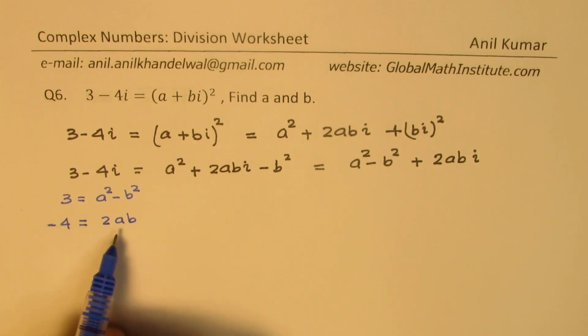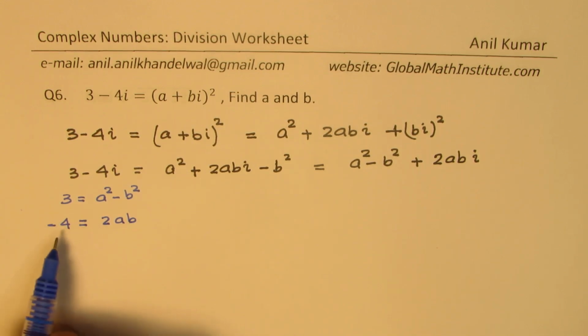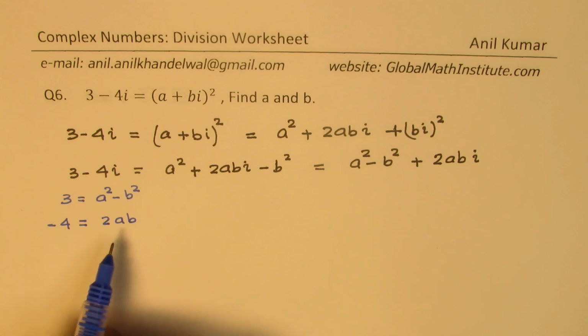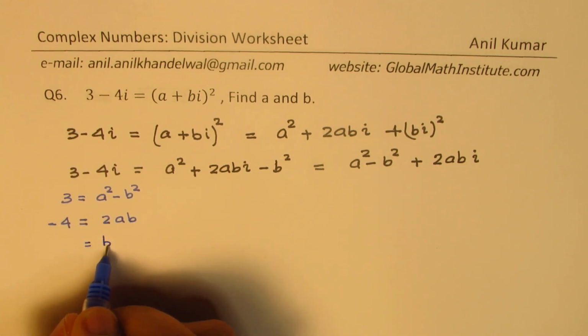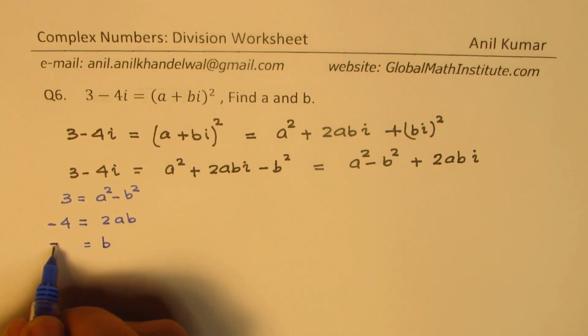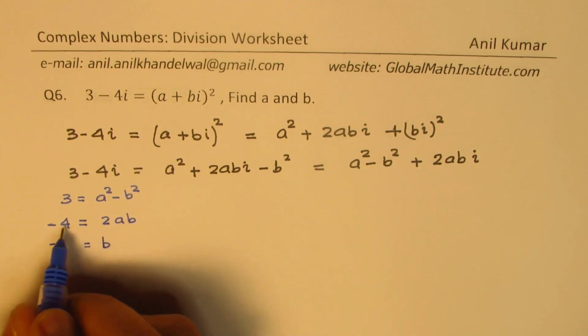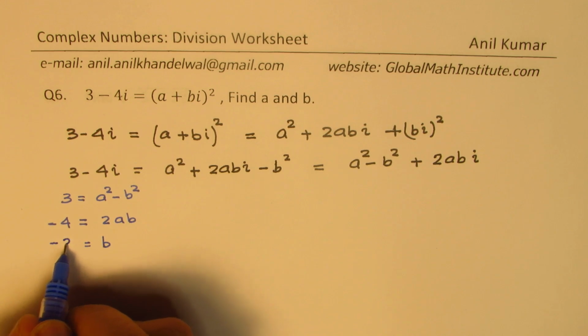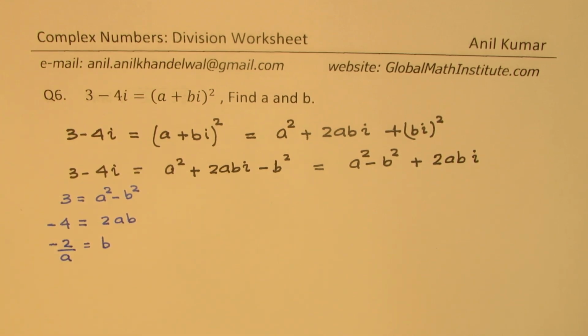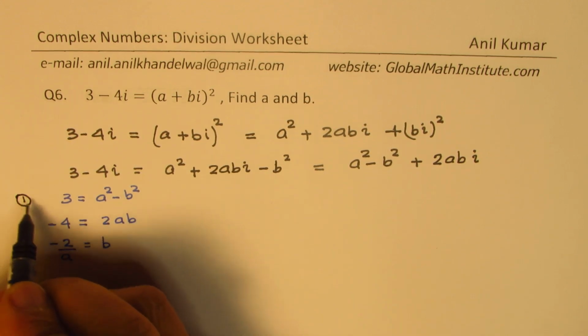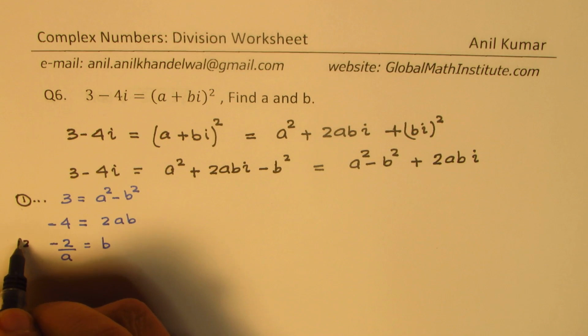Now we can write one in terms of the other using the second equation. So let's say b is equals to, so from here we get b equals to minus, when you divide 4 by 2 you get 2 over a. So that's the value of b. So we are going to use these two equations, equation number 1 and equation number 2.